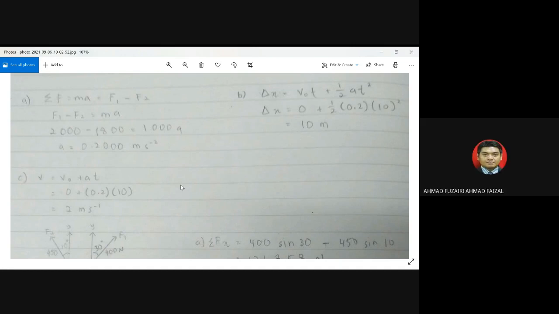Okay, good. C. C, what will its velocity be at the end of that time? Okay, using the formula v equals to v naught plus at. The v naught is 0. And then acceleration is 0.2 and t is 10 equals to 2 meter per second. Okay, 2 meter per second. Yes. Right, very good.